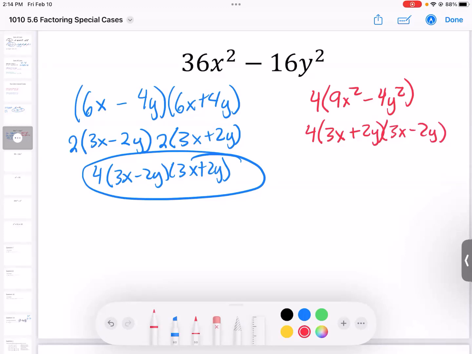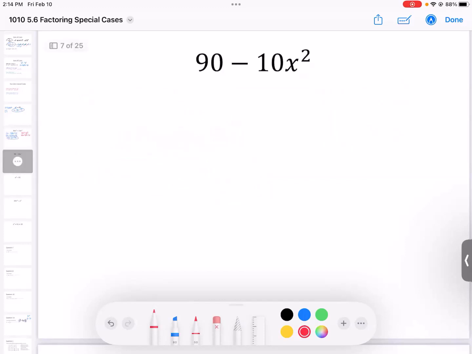But I would usually recommend doing it this way and factoring out the greatest common factor, especially if you have huge numbers. Like if this was like 3,600 minus 1,600, you would definitely want to factor out the hundreds before you start doing the difference of squares thing. And sometimes you don't have an option except to factor it out first.